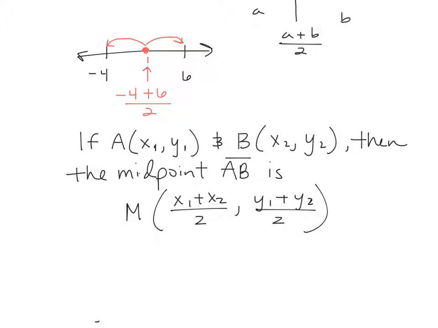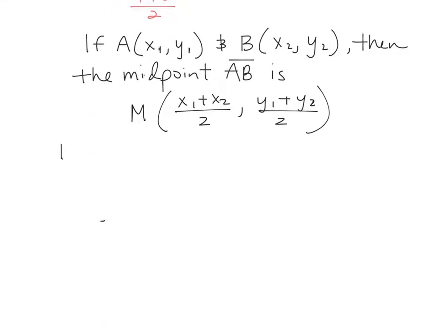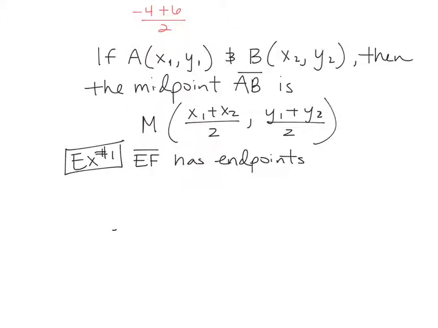So my first example for you is this. Let's say segment EF has endpoints E, yeah, we're moving all over the place, which is 7, 5, and F, which is 2, -4.